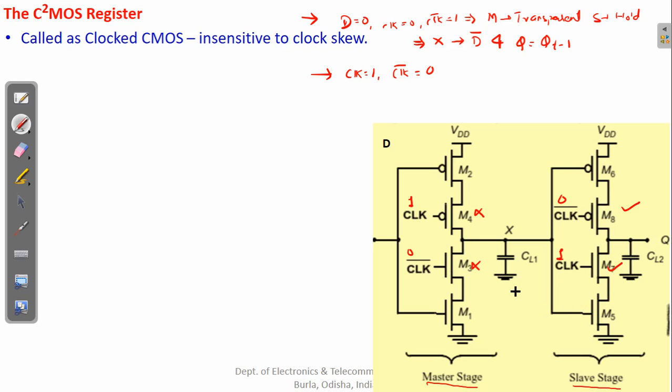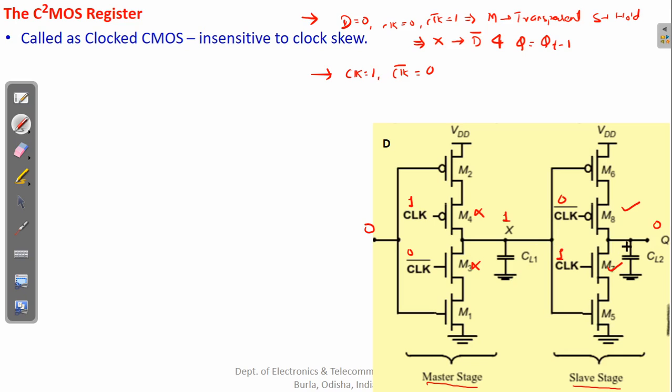This is the scenario. X was D bar, so when D was 0, X was 1, and let's assume that D still remains at 0. And Q was 0, the previous value was maintained.